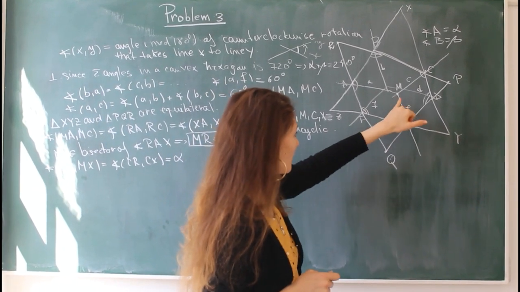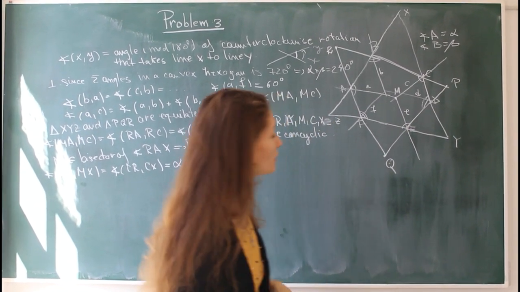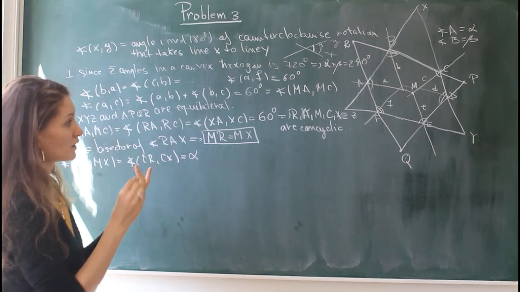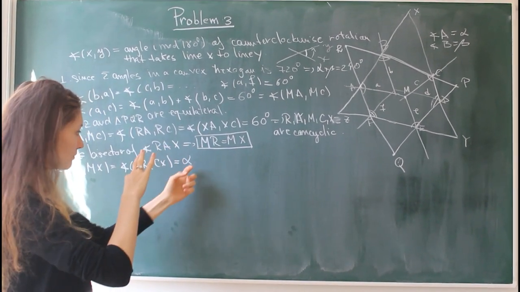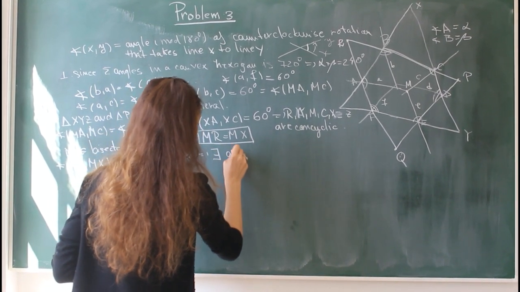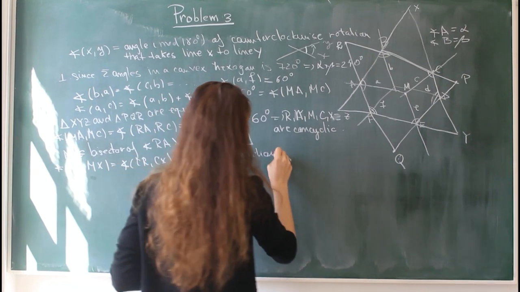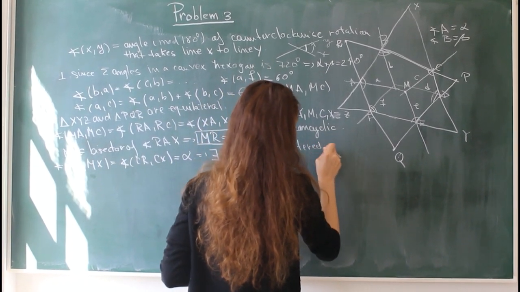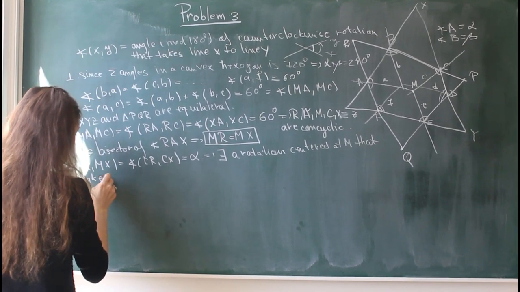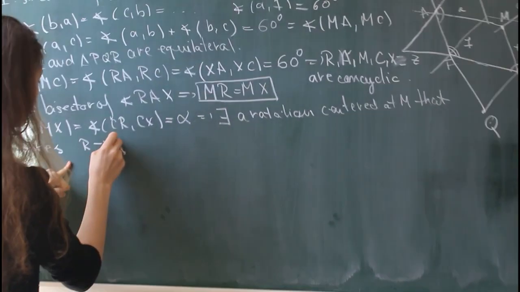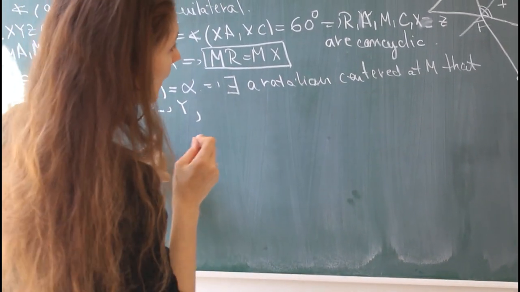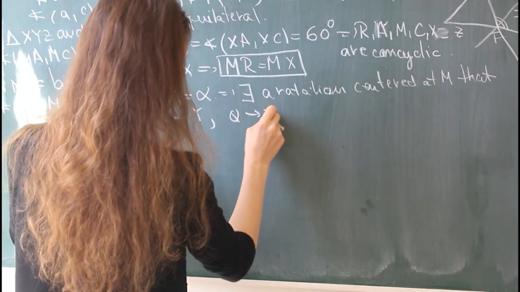By the same argument, P and Y, Q and Z obey the same conditions as the points R and X. So that tells us we have a rotation centered at M with a directed angle of alpha that will take one triangle to the other: it takes R to X, P to Y, and Q to Z.